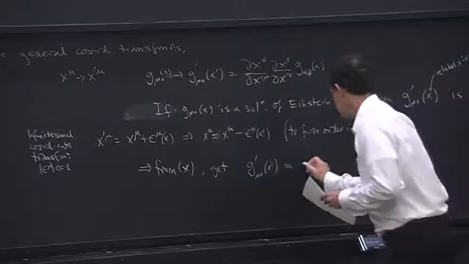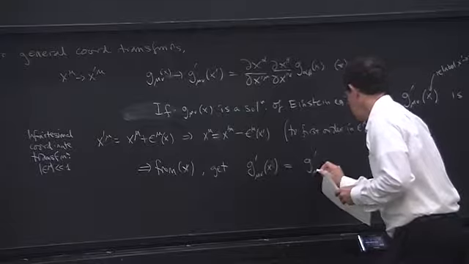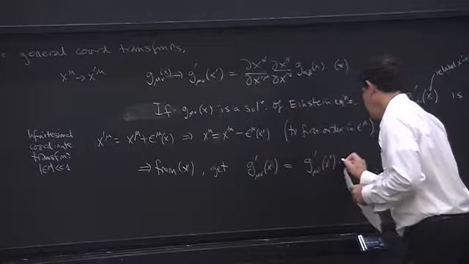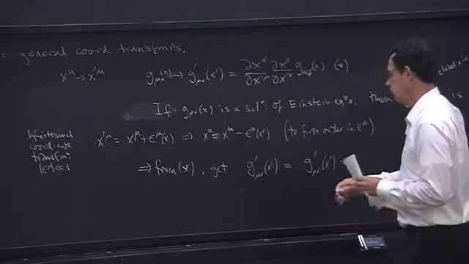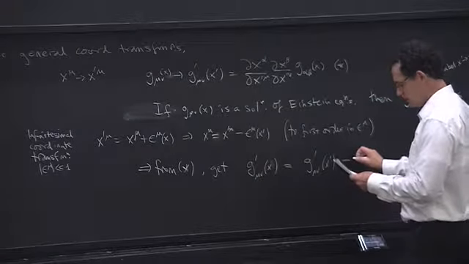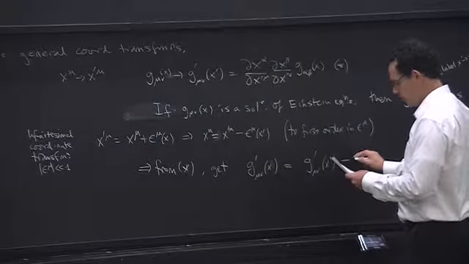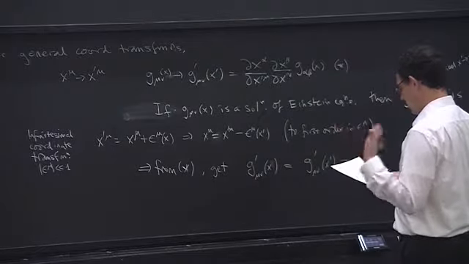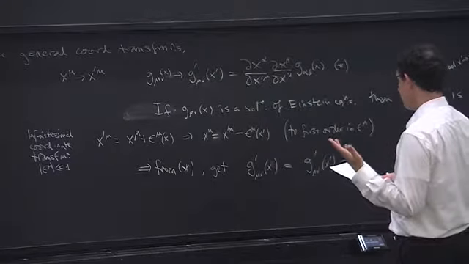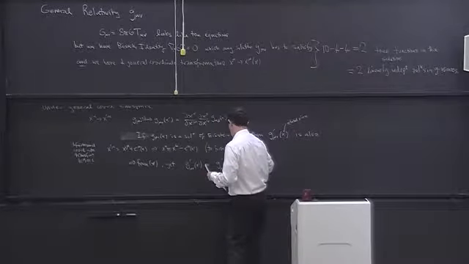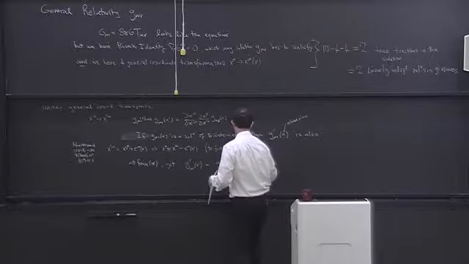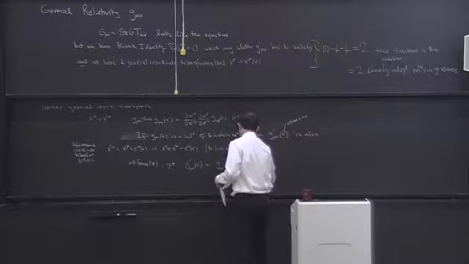And this is going to be equal to g prime mu nu of x prime minus, sorry, it should be g prime of x prime minus g.